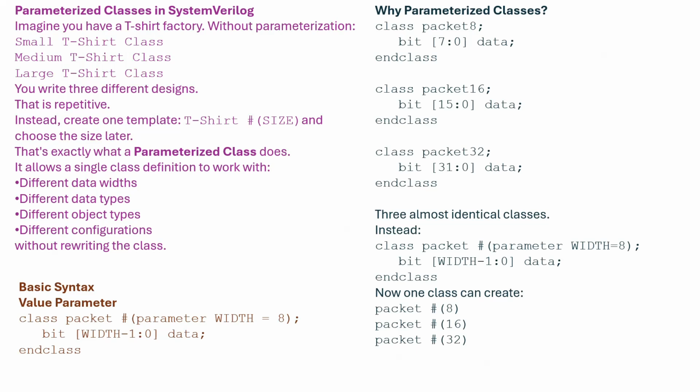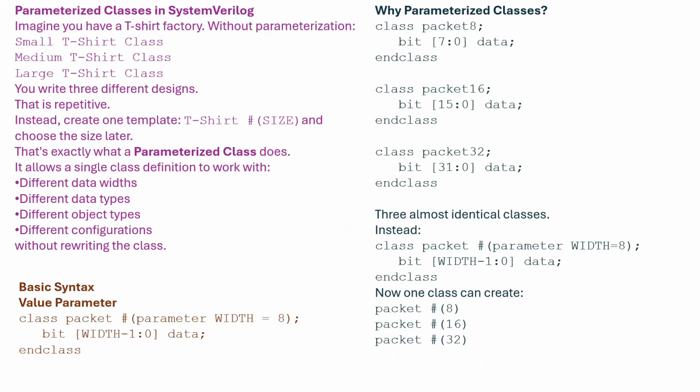Okay, so what is the basic concept here? Imagine a t-shirt factory. The cloth is the same, but you need to create small, medium, large, XL, double XL, triple XL, and 4XL.